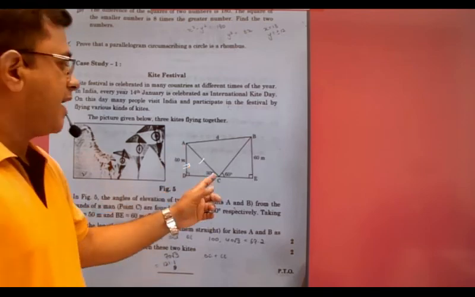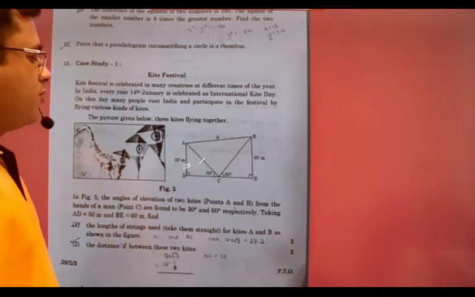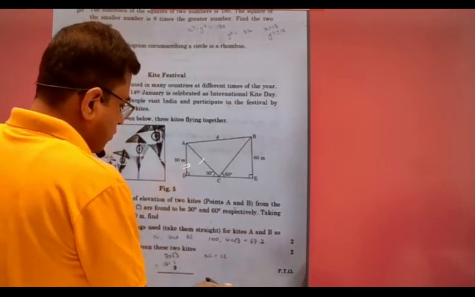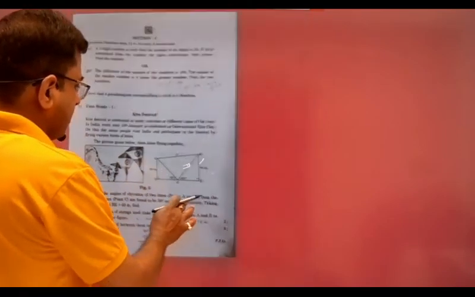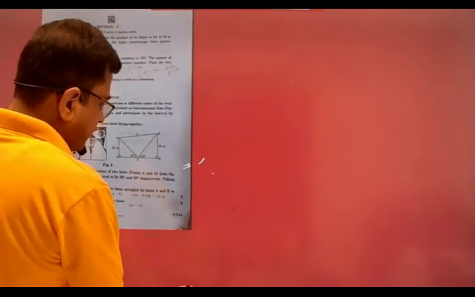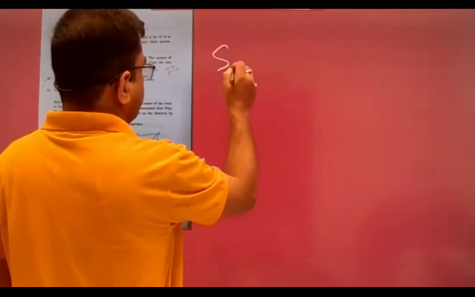This is the length of the string. So how can we relate? You have to take sine 30. So let us do the solution.